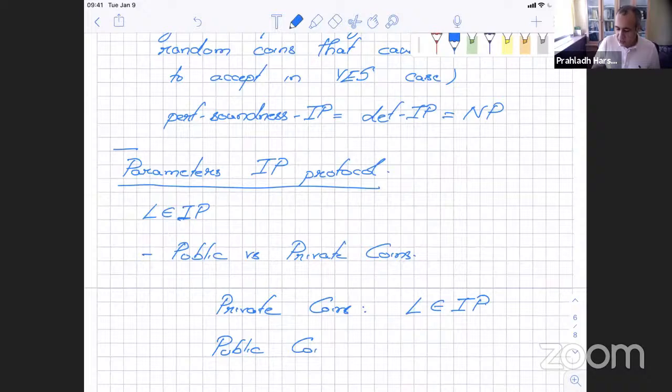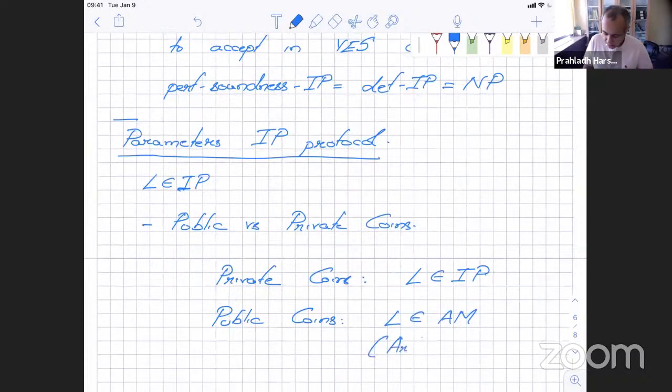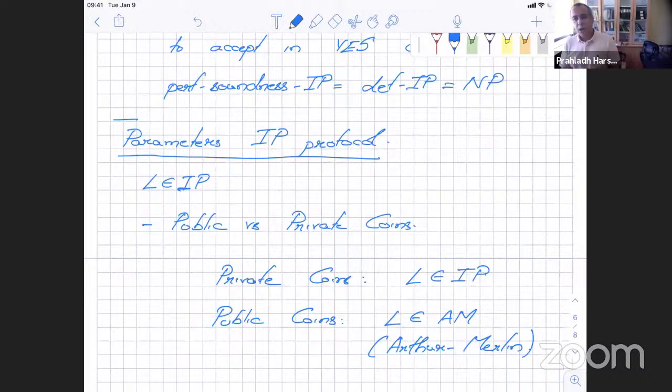It's customary to call it L is in AM. That is, public coins IP is called AM, and AM is short for Arthur Merlin. We'll come to why. So these are Arthur Merlin proof systems. These are just public coin IP protocols. So instead of saying public coins IP, I will just say Arthur Merlin protocols.